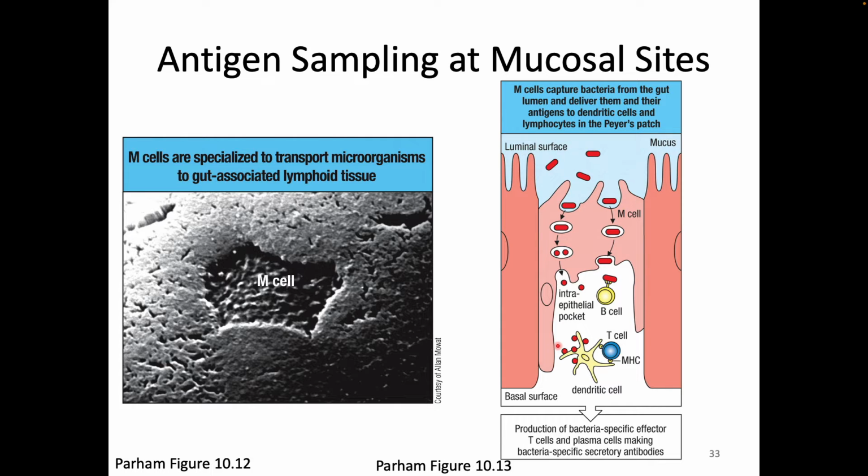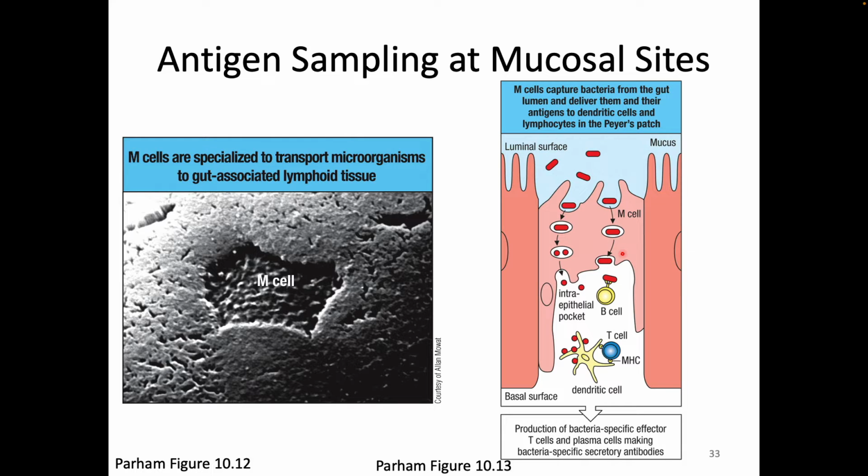But we're going to bring a few in. We're going to keep them in this secluded special zone. We're not going to let them go through the whole body, and we're going to let you look at them. I'm sure we can come up with some analogy, like the special screening area in the airport or something, the special little zone where they bring things to check it out. And this is all the job of the M cells, the things that will happen in this little pocket, and this sampling that the M cell is doing.